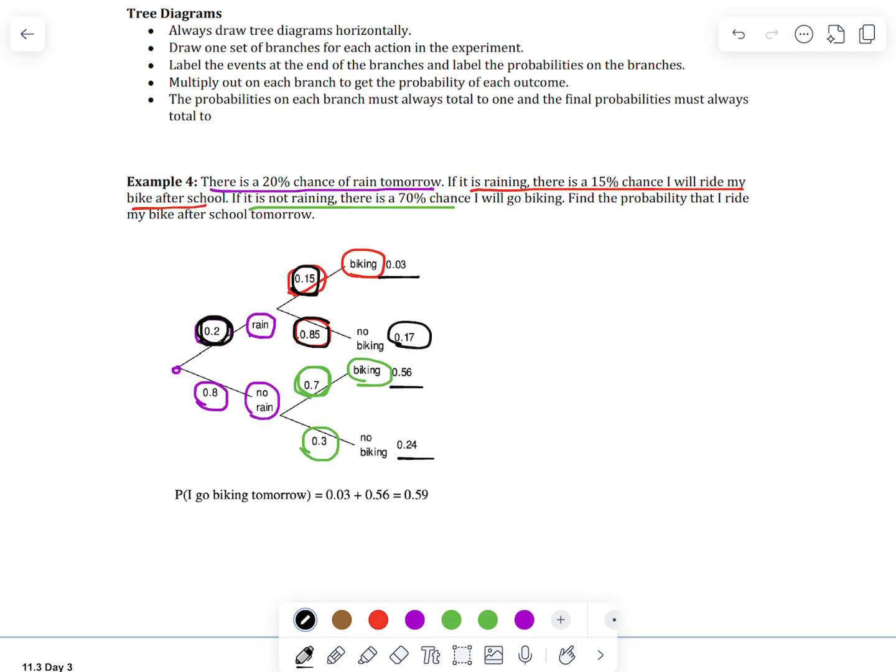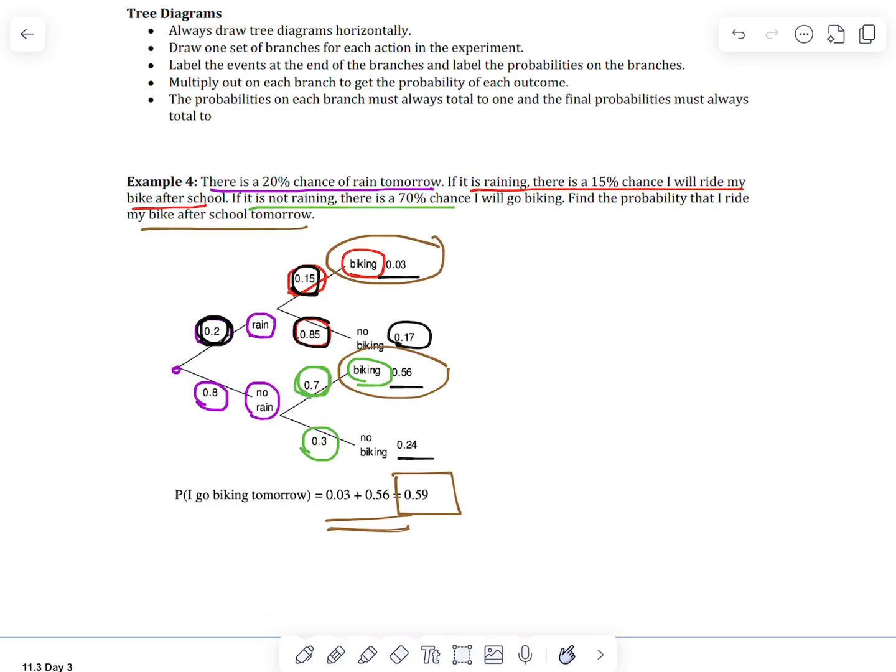So let's see where that falls. So I'm going to ride my bike after school. So here is riding her bike. Here is riding her bike. So what you do is you add those 2 probabilities together. And your answer will be 59%.